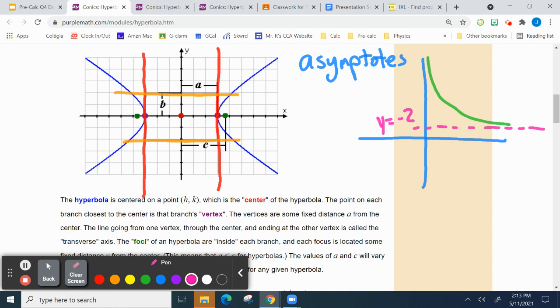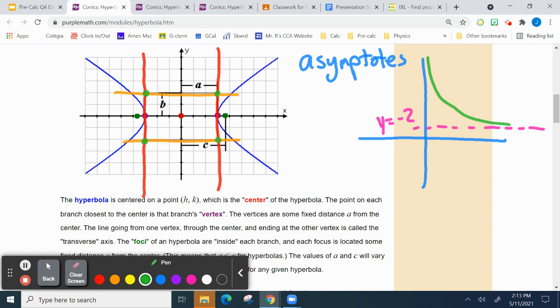That's an asymptote. A line that the thing you're graphing never touches, it only approaches. So what we have to do is find the asymptotes of this function. And those will tell us where the corners of that box belong.